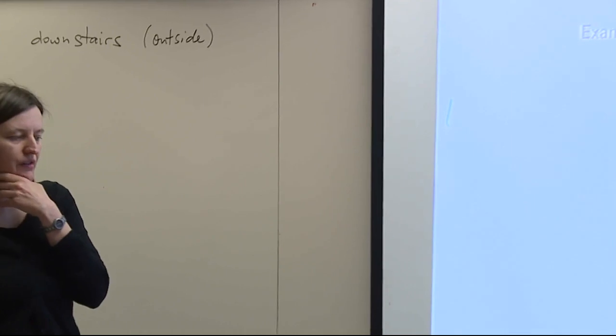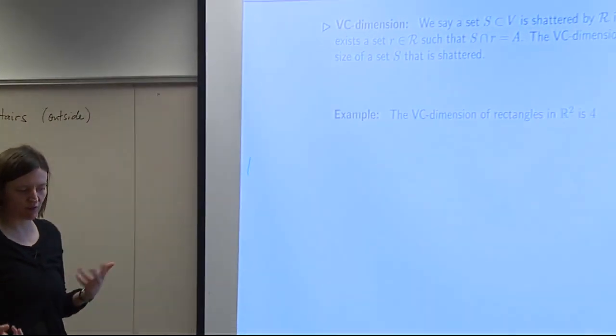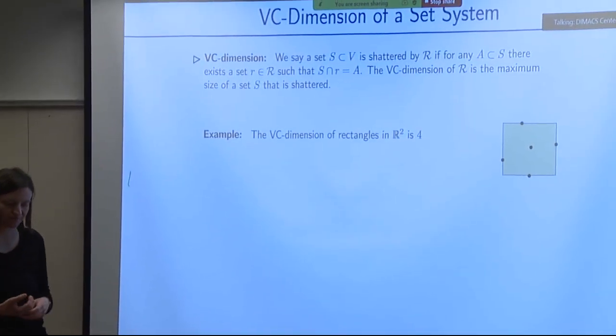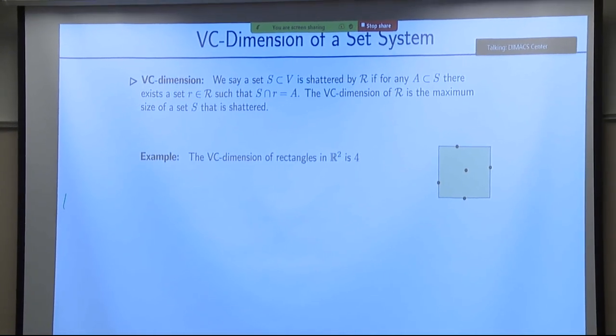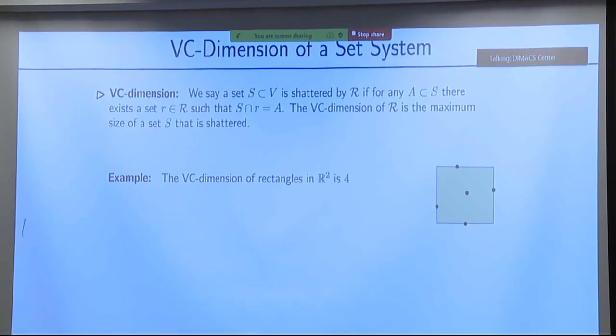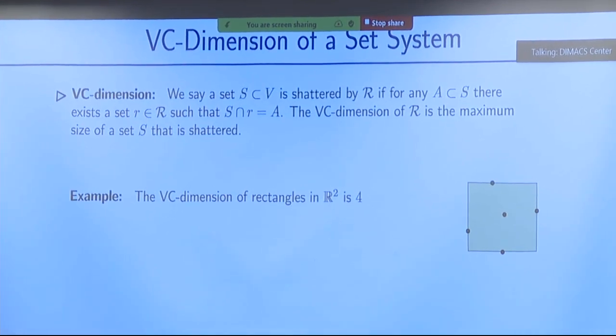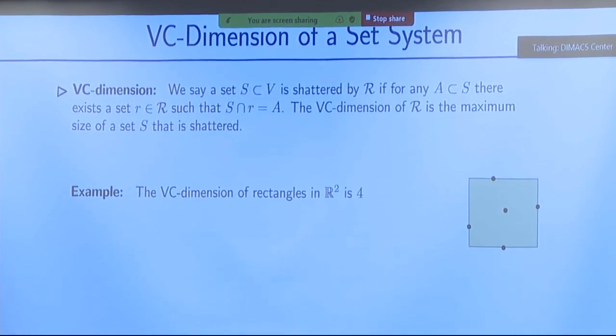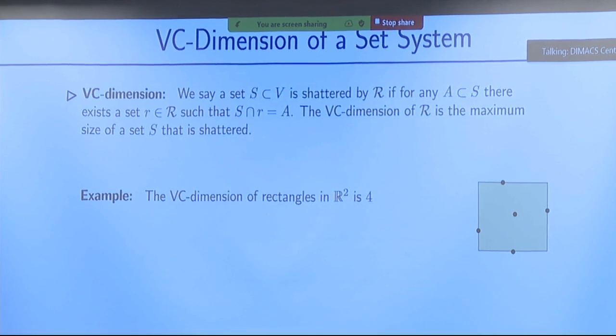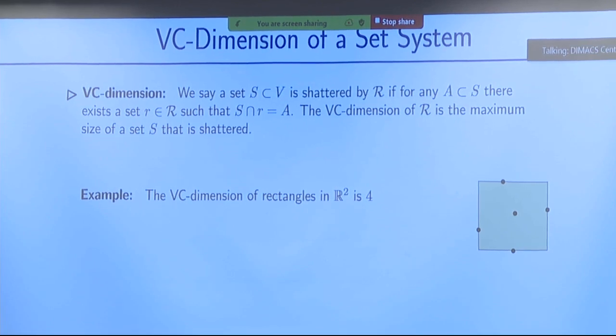So let's look at the VC dimension. What is this? The VC dimension is a way to describe the complexity of a set system. It comes from learning theory and is used in many different applications, and it's defined as follows.